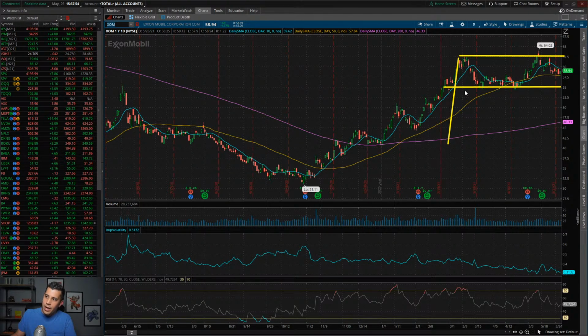Right now I would say it's still in this channel. It could be a potential double top as well. And just so you know, you could have multiple chart setups at one time, right? The other thing that's nice is it is hanging out right here at the 50-day moving average.